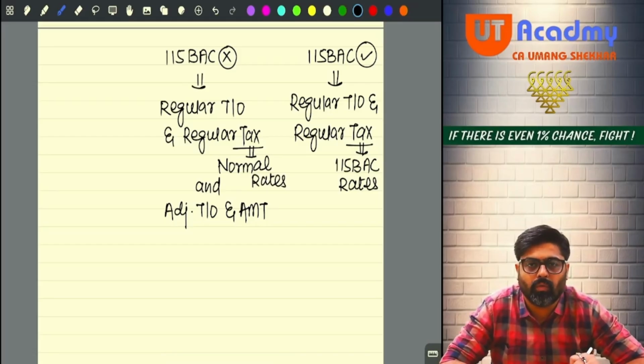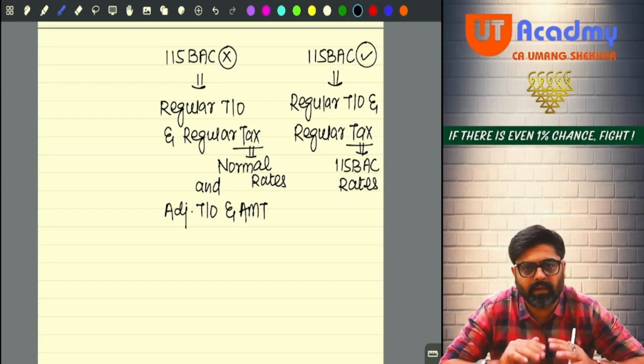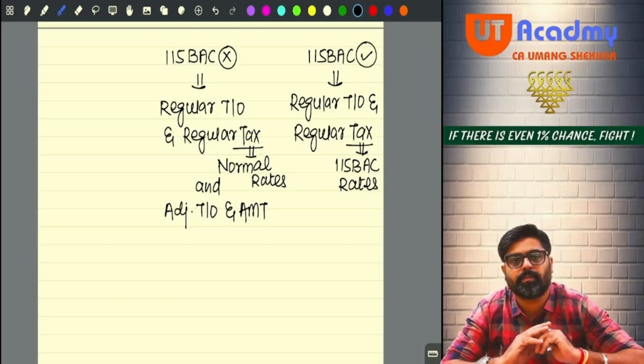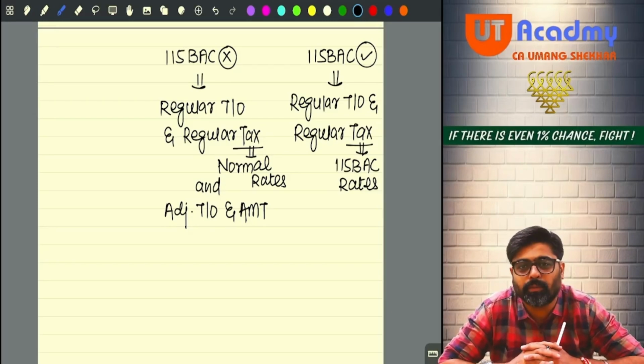So now what is alternate minimum tax? What the alternate minimum tax provision has to say, that we have to learn. Then only are we able to calculate the first part, and then only can we give the advice on what is to be done and what is not to be done. Getting my point?